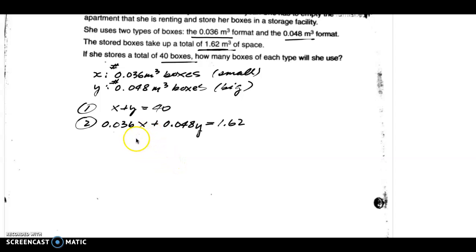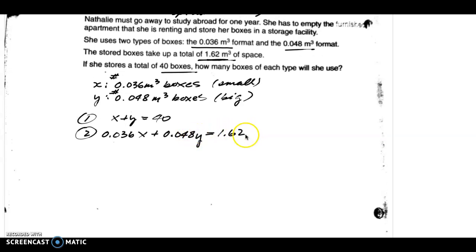But another nicer way is to multiply both sides, this whole expression, by 1,000, because this one has 3 decimals, so that's tens, hundreds, thousands, where the 6 is.